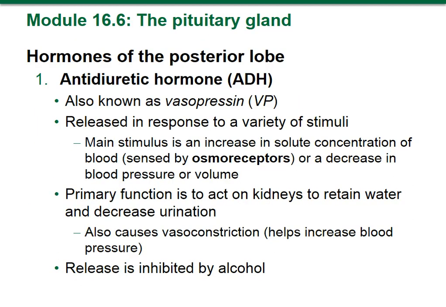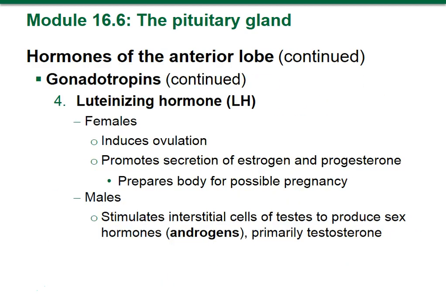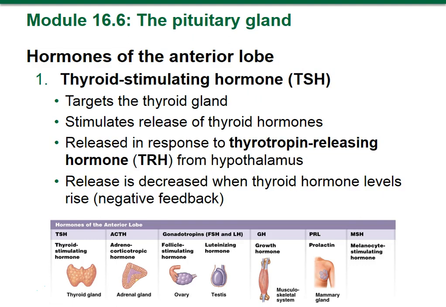So let's just go back very quickly and just name the hormones. Let's see if we can remember. Hormones of the anterior lobe. And by the way, I've posted a short video, and I'll probably show it again in the next class. It has mnemonics to help you remember which hormones are released by which organs. It's really a good little video.